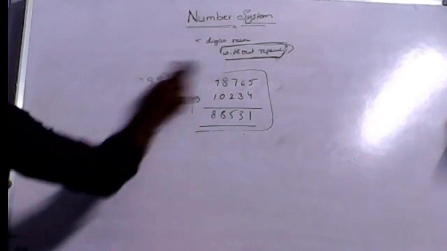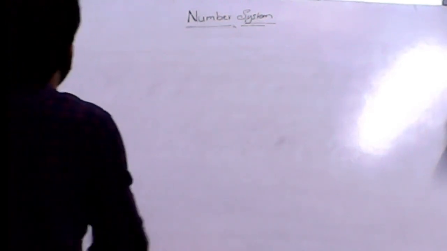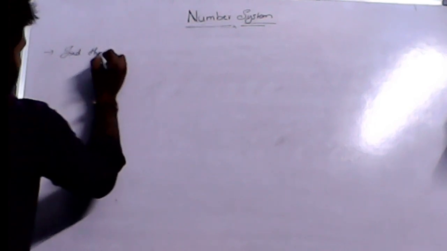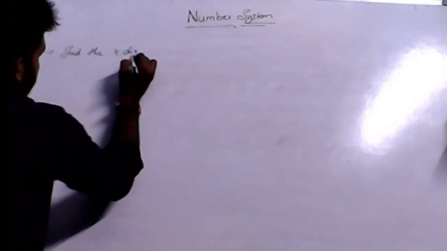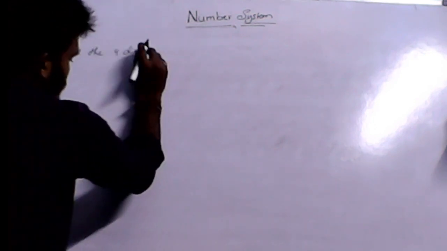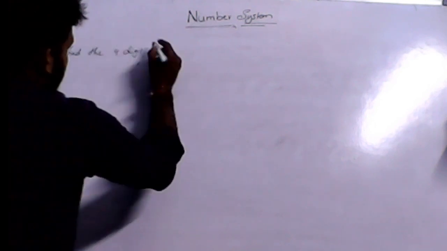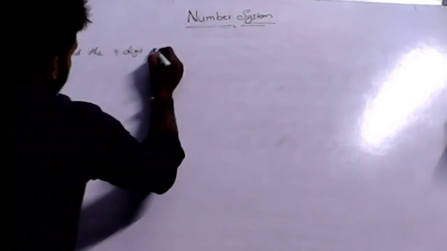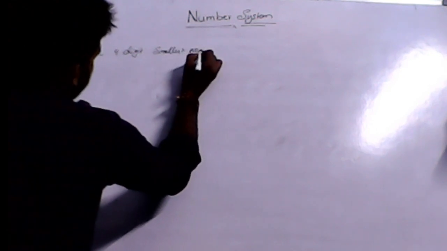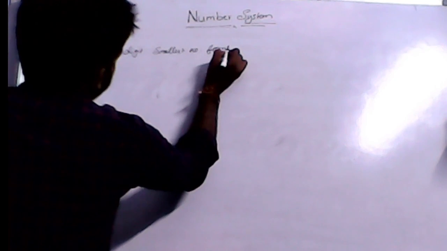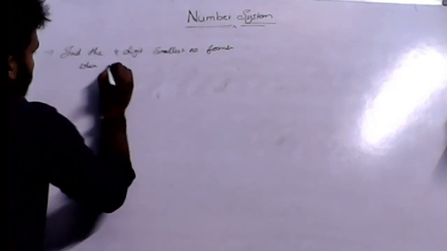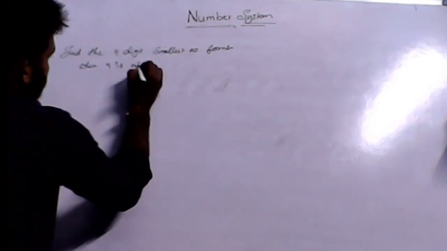And then one more type of question is like: find the 4-digit smallest number formed where 9 is at the tens place.